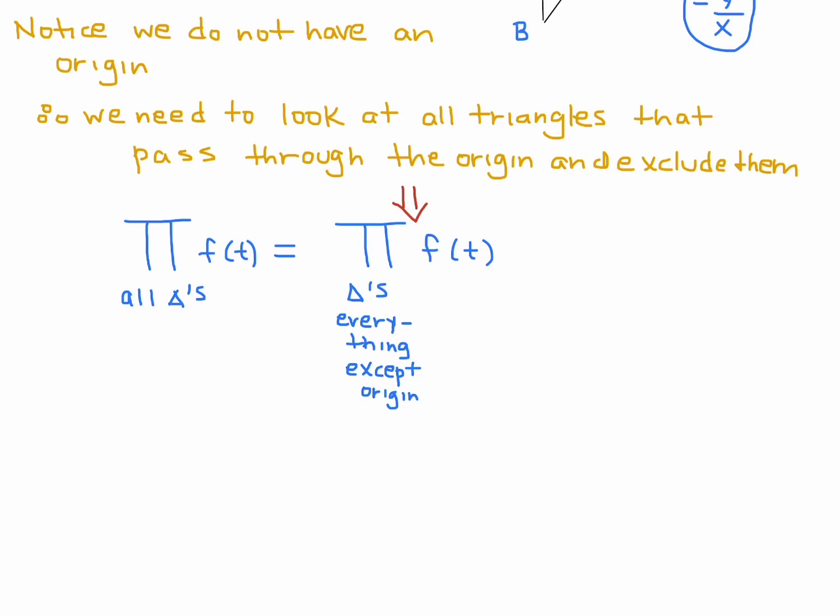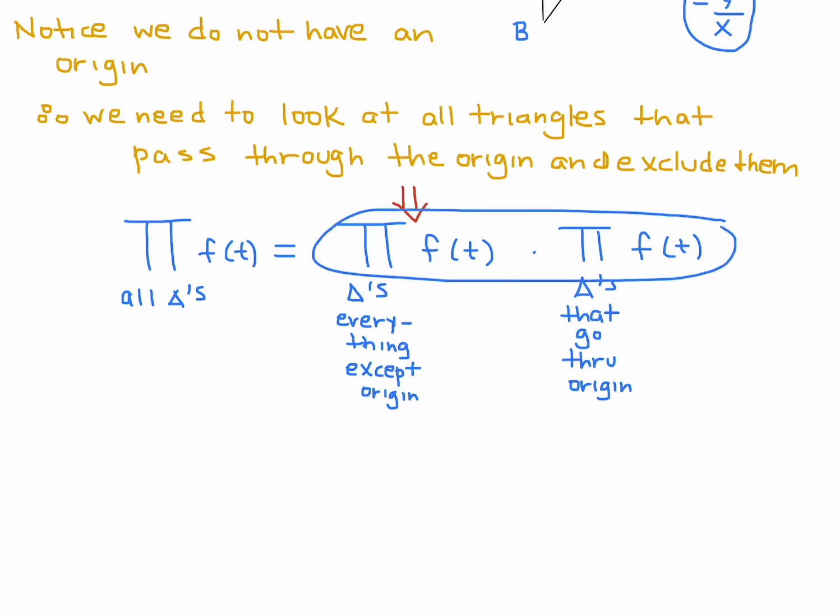But if you were to take this and multiply it by all the f at t's for the triangles that go through the origin, this is all of them, right?